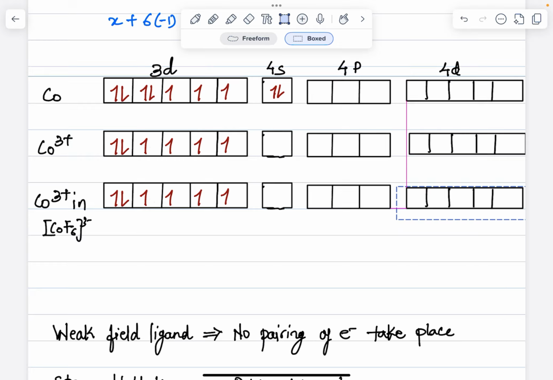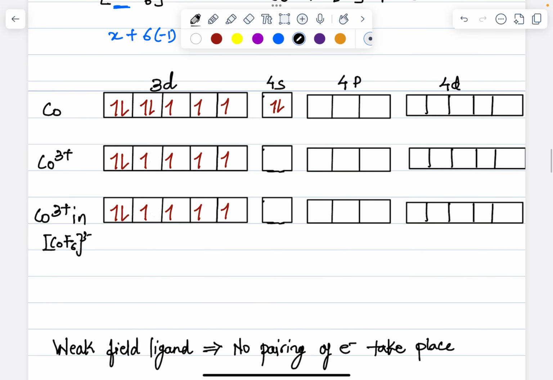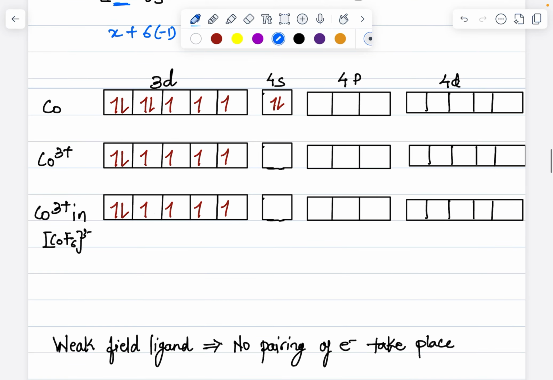So here I will require this, because now there are 6 ligands, and for the ligands of the fluorine, I'll show that with the blue color, the electrons involved in coordination, because a coordinate covalent bond is the bond where both the electrons are from the fluorine, or the ligand. So these both blue electrons are from the fluorine. So one fluorine, second fluorine, third fluorine, fourth fluorine, fifth and sixth.